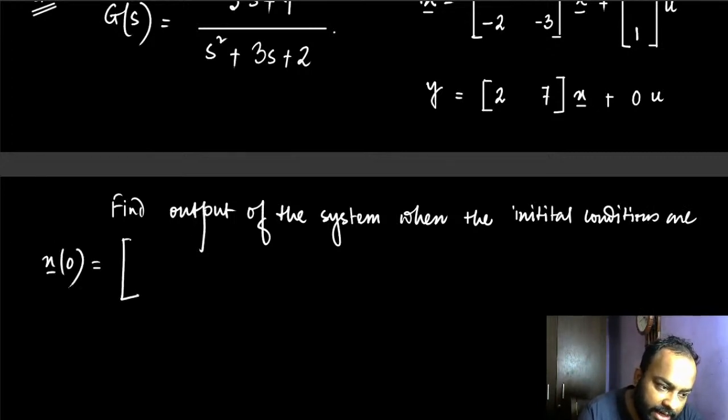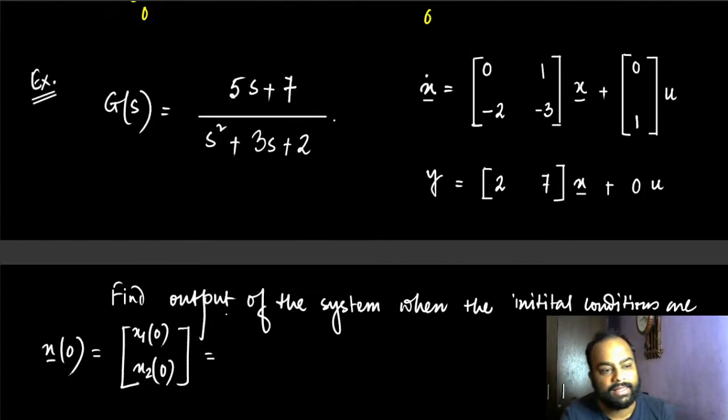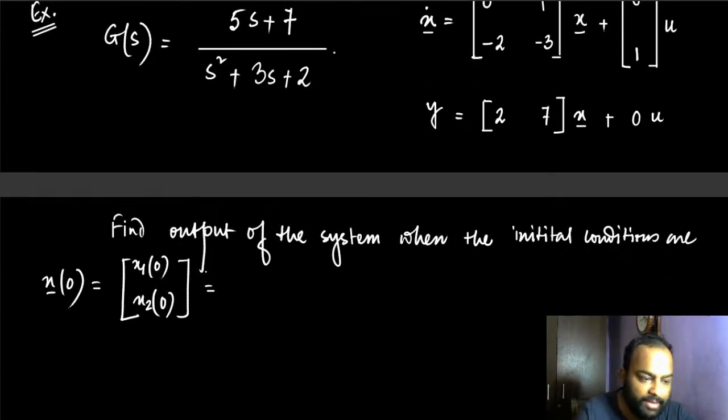X0 is essentially x10, x20. Okay, and say this is describing a damped pendulum, maybe something like that.